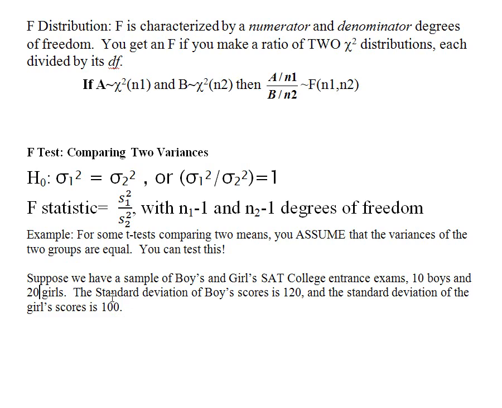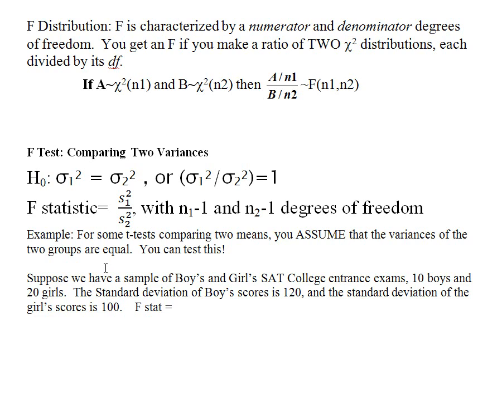So let's assume that in these two samples of 10 boys and 20 girls, the sample standard deviation of boys' scores is 120, and the sample standard deviation of girls' scores is 100. Our F statistic is simply to take those standard deviations and convert them into variances by squaring them and make a ratio.